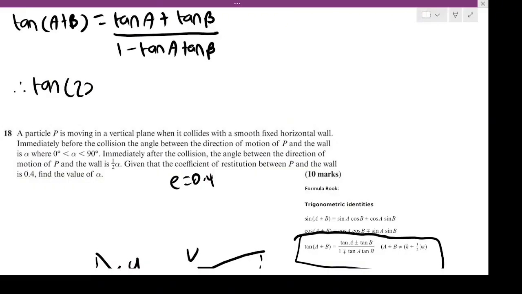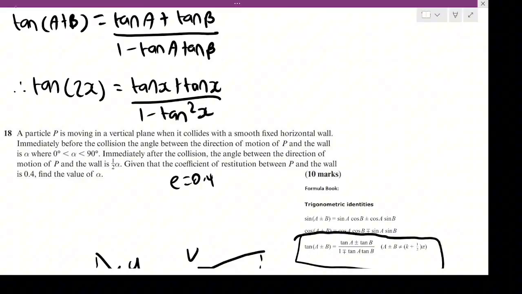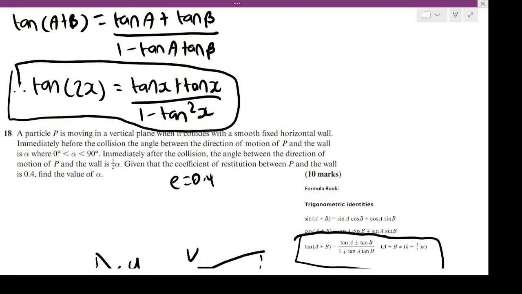That means tan of 2x, which is x plus x, is going to be tan x plus tan x over 1 minus tan squared x. So we can use this result for tan 2x here.